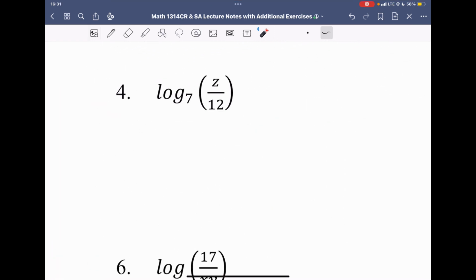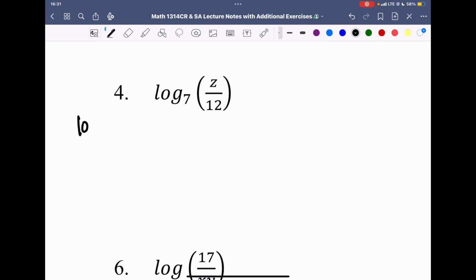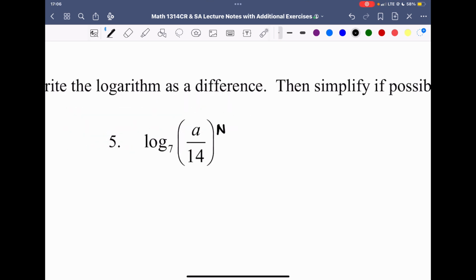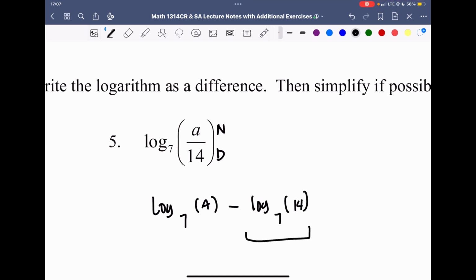Okay, so log 7 of z minus log 7 of 12. For number 5, the a is going to be the numerator, the d is going to be the denominator, so you have log 7 of a minus log 7 of 14. Now, this right here is an exact number. If I put this into the calculator, I'm going to get a decimal.